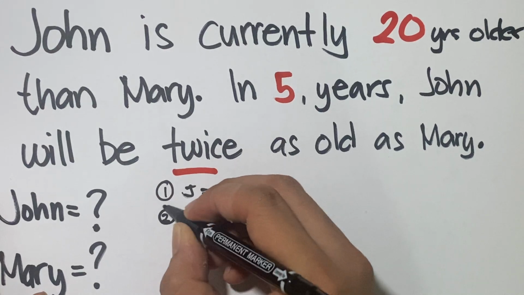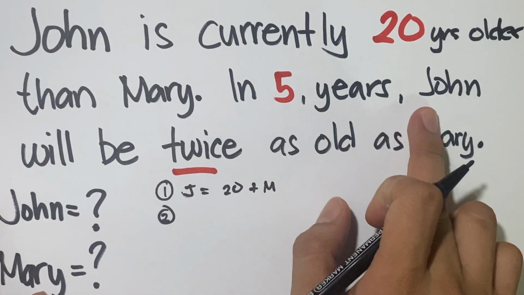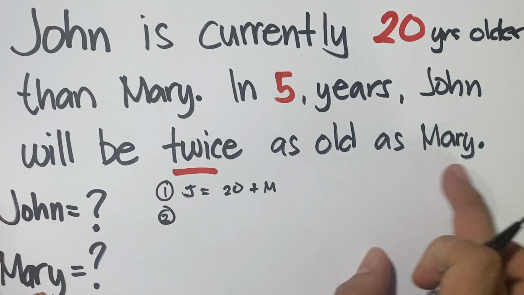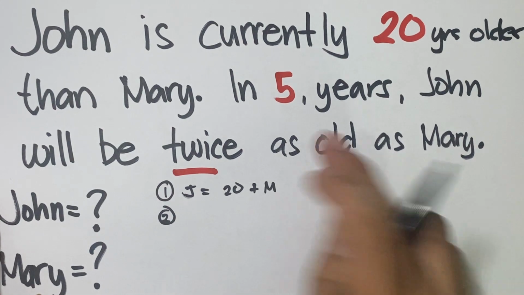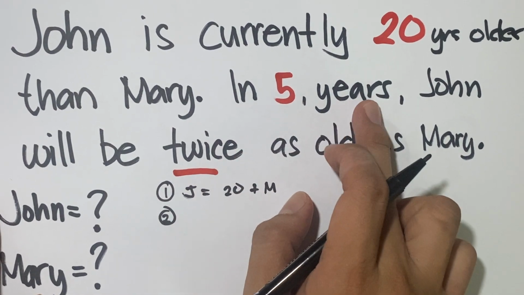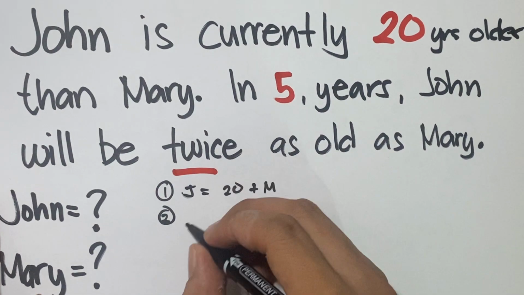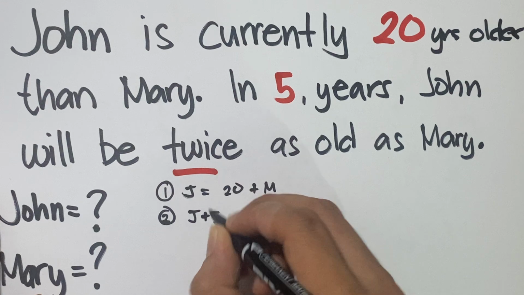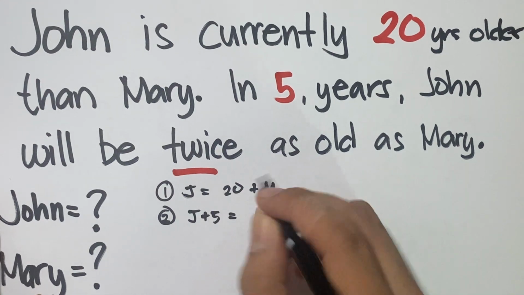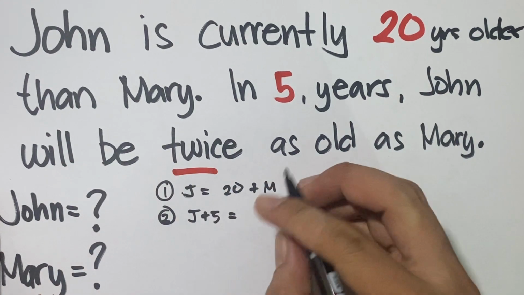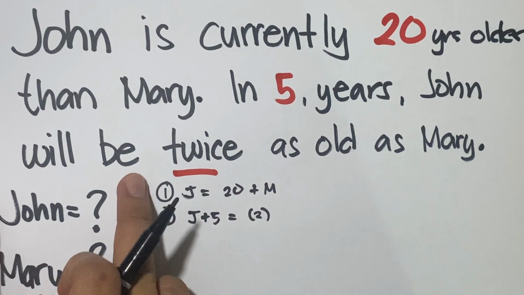On our second statement, it would be in 5 years, John will be twice as old as Mary. We are going to note that in 5 years, both of their ages would be added with 5. So in 5 years, that would be J plus 5 is equal to, twice, therefore we are going to multiply that by 2.